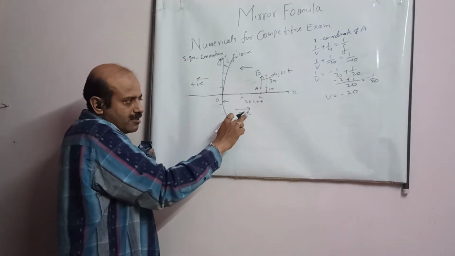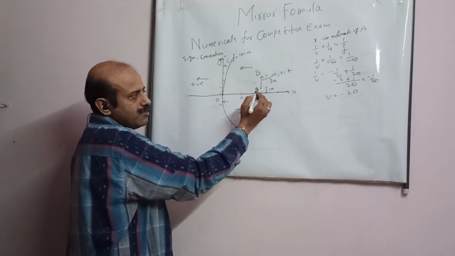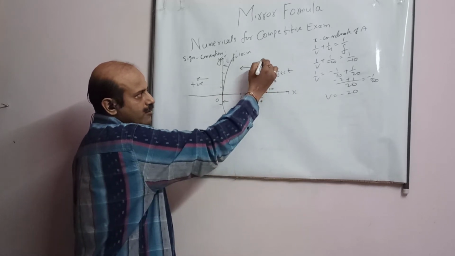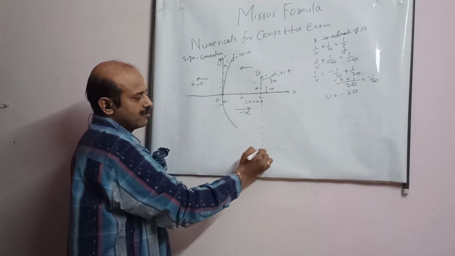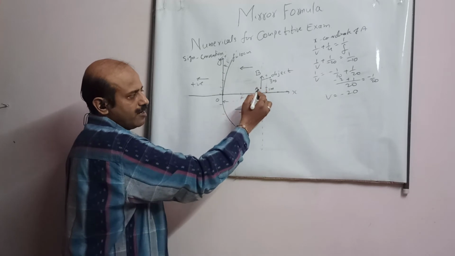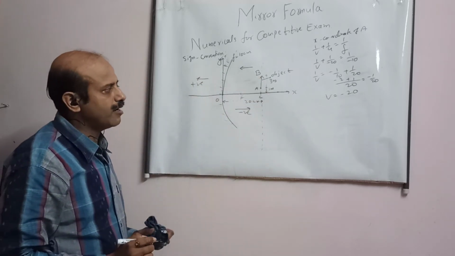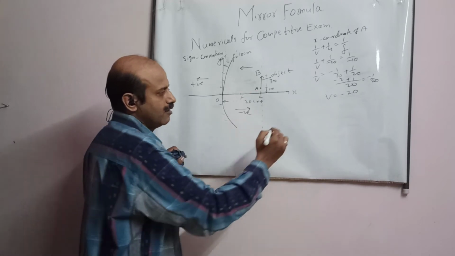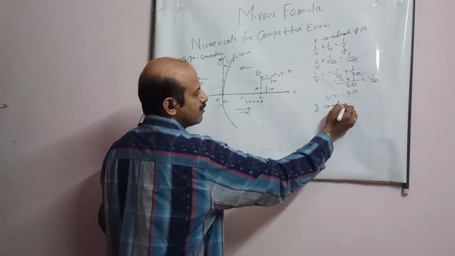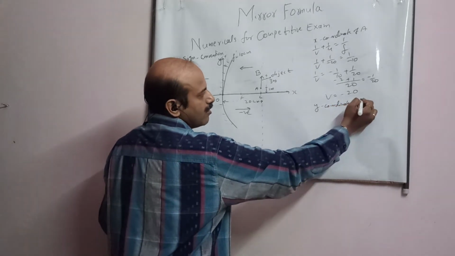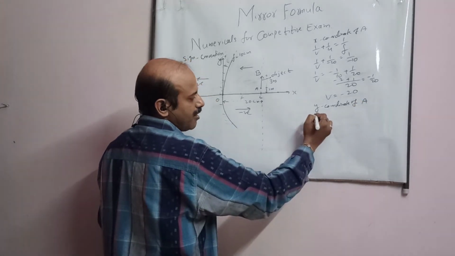See, this side is negative. From here I have to go 20. This is at C. Okay, this means the x coordinate of this point will be along this line. I am extending it. Somewhere on this line will be its x coordinate. Now I have to calculate its y coordinate. Now I am calculating the y coordinate of A. For this I will apply this formula.